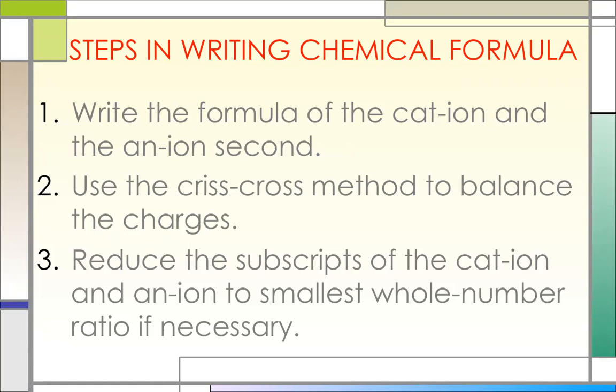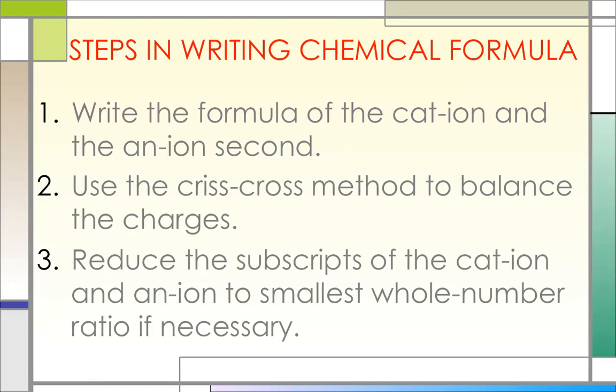Third, reduce the subscripts of the cation and anion to the smallest whole number ratio if necessary. So in order for you to get the number of atoms correctly, you have to reduce the subscripts to the smallest whole number ratio.